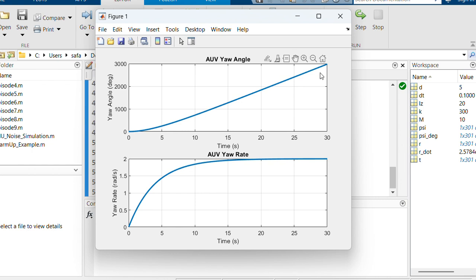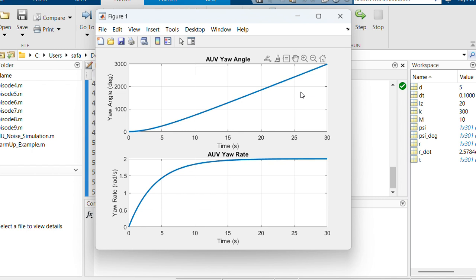Notice that the yaw angle exceeds 360 degrees. This is completely normal because we are tracking the accumulated rotation of the vehicle rather than limiting the angle to a specific range.